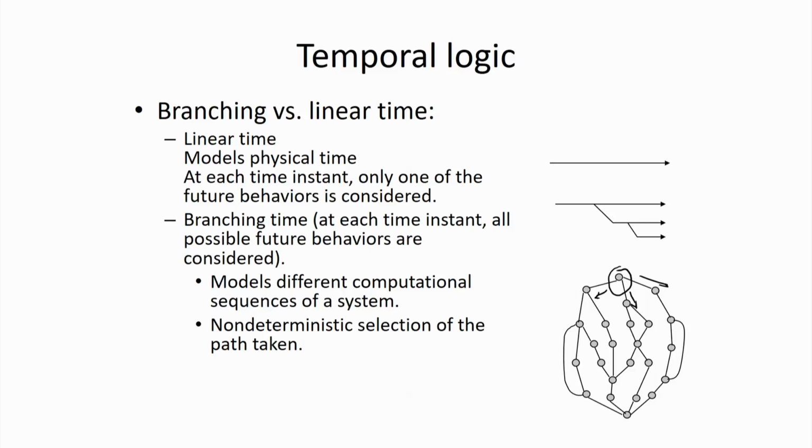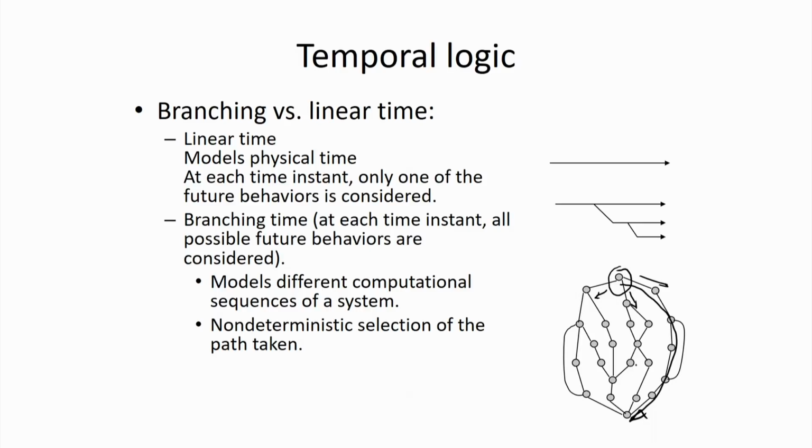So, we are going to see all possible cases and reason about the system in all possible directions. But in case of linear time, at a particular instance of time, we look at one direction only, one execution trace in one time direction. At that time we may ignore the other two behaviors, but later on, once we have looked at the behavior in one direction, we can go for the second direction.